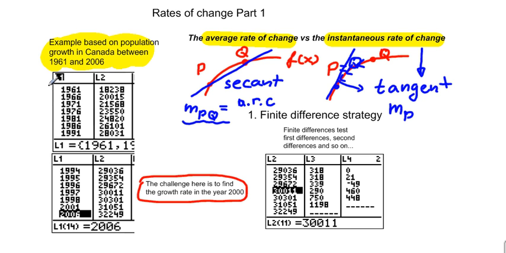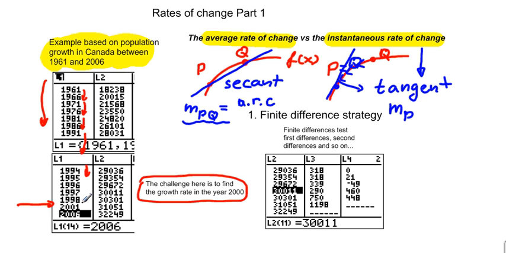Because we are working with a set of data, and please make note that the years in which the population was counted do not increase in steady sequence, right? And we are selecting a year which is not listed in this chart. So there is no year 2000, and yet we want to find how fast the population was growing in that year. This is what makes the problem very interesting.